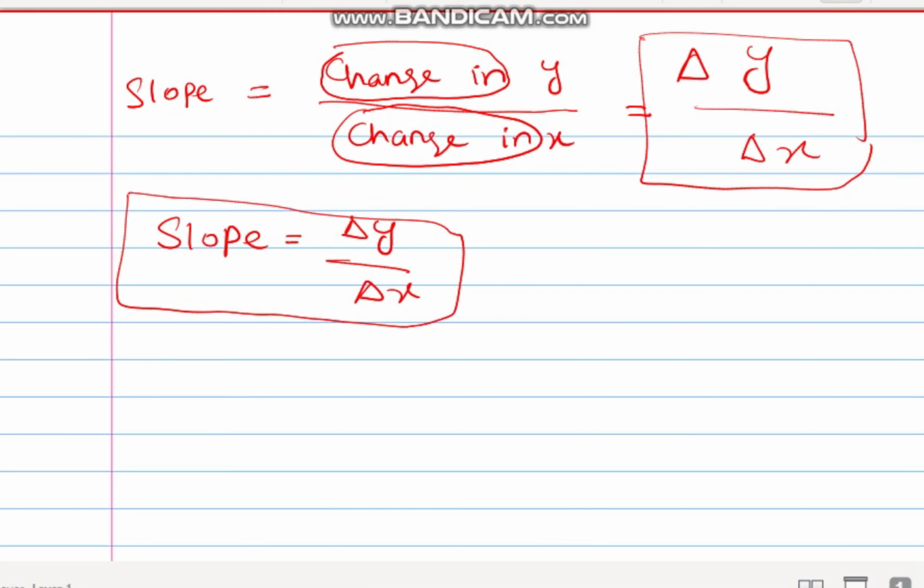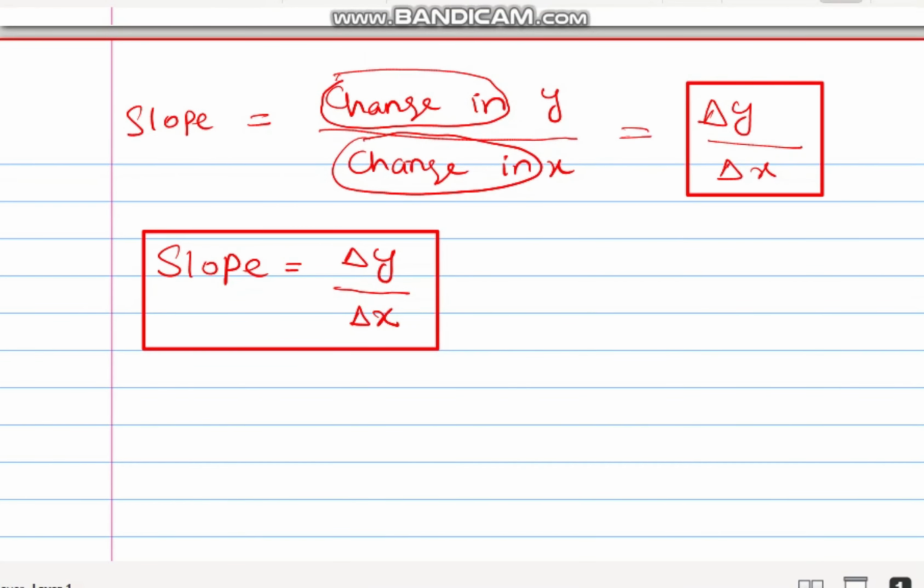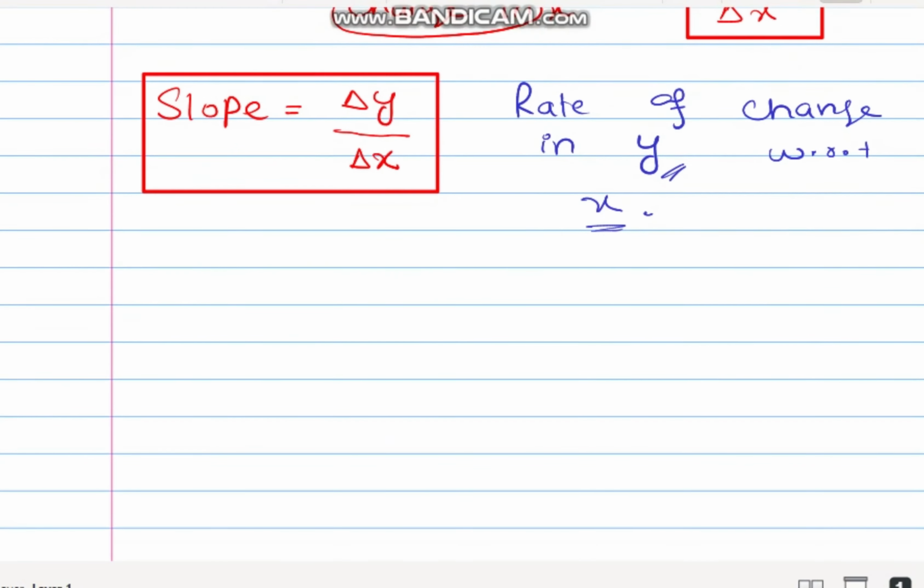Okay, dear students, so my conclusion is that we can write that slope is equal to change in y divided by change in x, and you can always say that it is the rate of change in y with respect to x. So this is your definition. If someone asks you, dear students, please listen to my words very carefully.